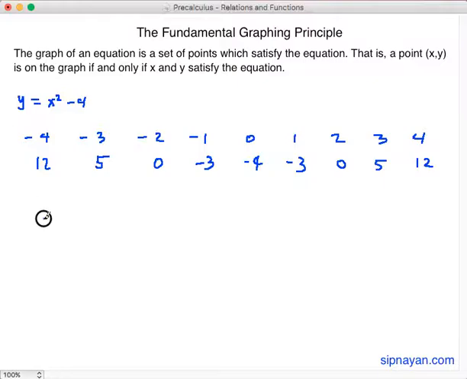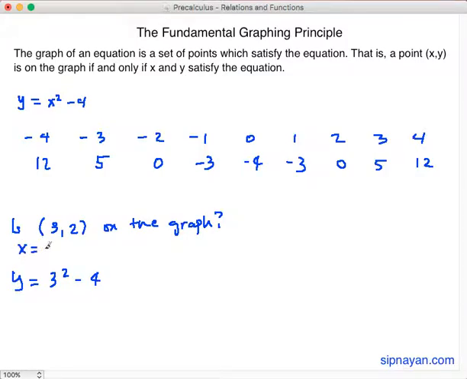is the point (3, 2) on the graph? Well, you have to check, no? Tignan natin. Ano yung x natin? 3, di ba? So, y equals 3 squared minus 4.